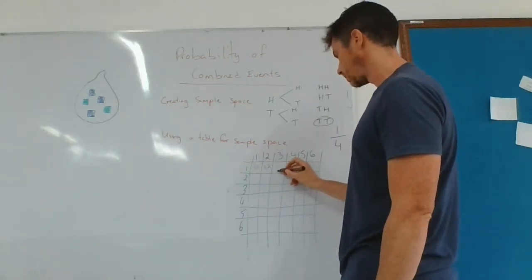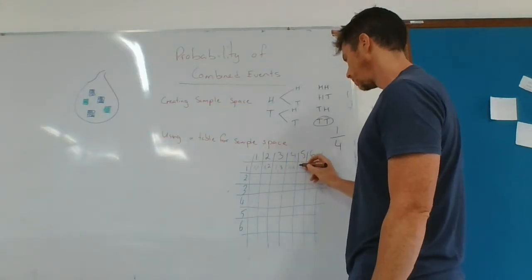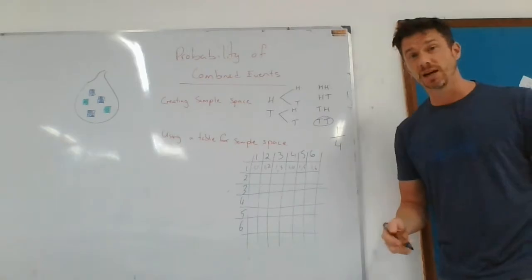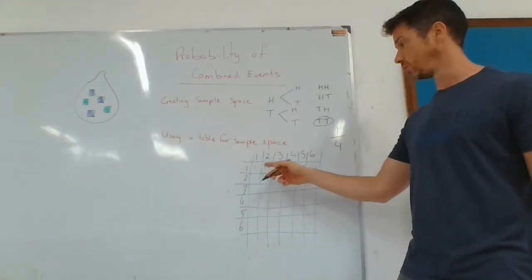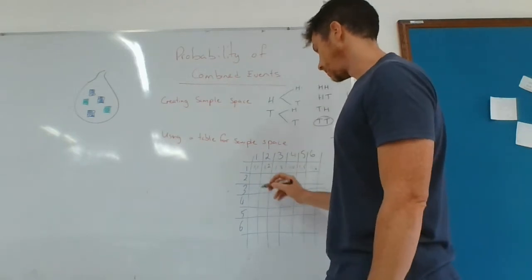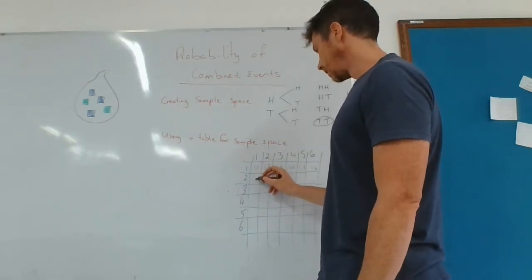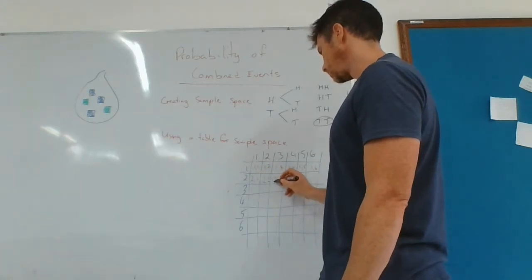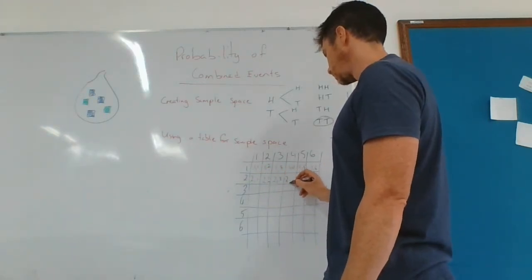If I'm going across here, that's getting 1, 3, 1, 4, 1, 5, 1, 6. Now if they're looking to add the dice, you would just add these 2 numbers. That'd be 2, 3, 4, 5, 6, and all the way up to 7. So if I want to fill out this table, this is a 2, 1, 2, 2, 2, 3, 2, 4, 2, 5, 2, 6.